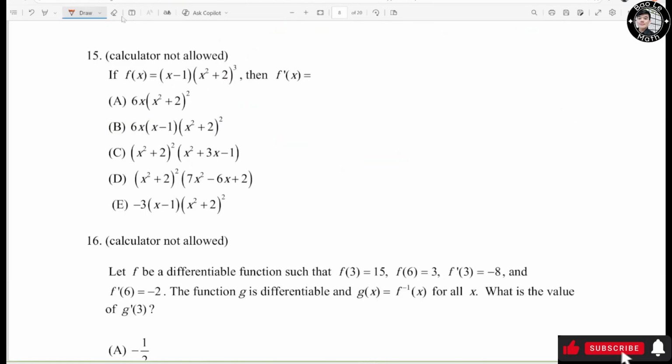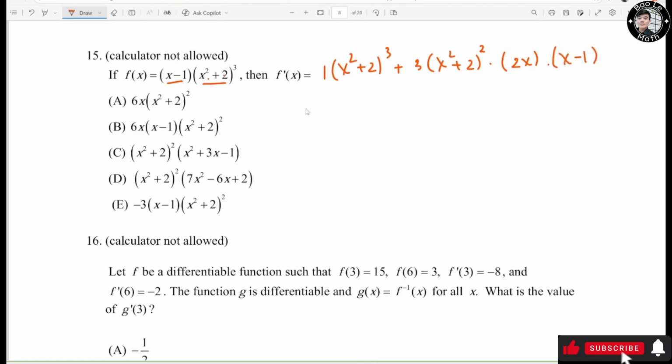Now question 15. If f of s equals this guy, we need to find f prime of s. So we're going to use the product rule, power rule, and chain rule. We have the product rule first. The derivative of this one is 1 times s squared plus 2 to the power of 3, plus the derivative of this one: bring 3 to the front, s squared plus 2 to the power of 3 minus 1, which is 2, times the derivative of the inside of the parentheses, which is 2s, and then times s minus 1.